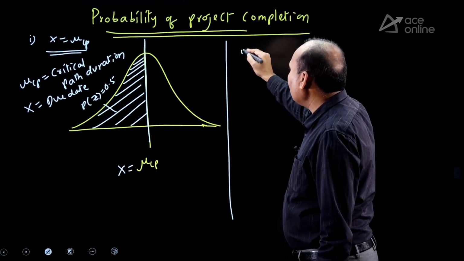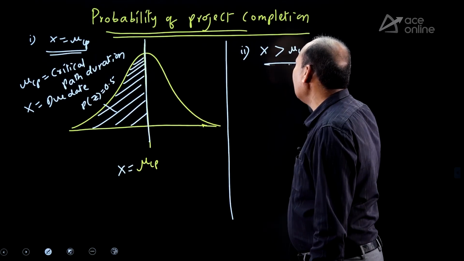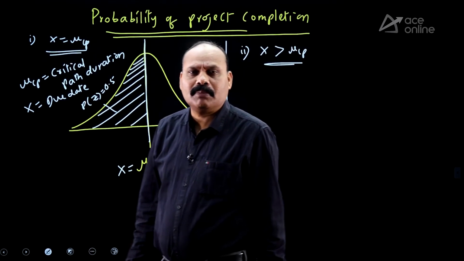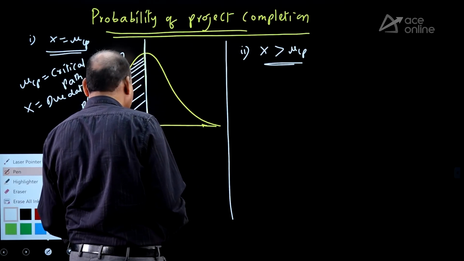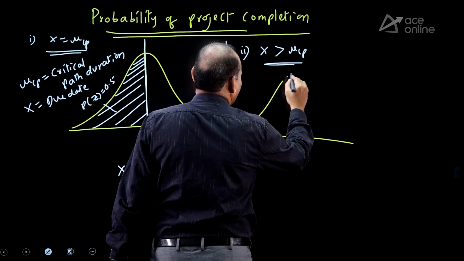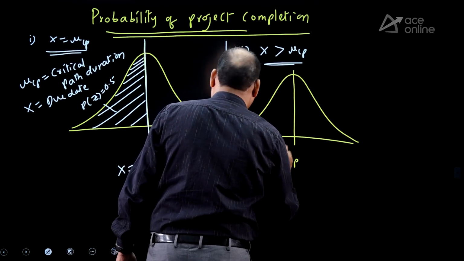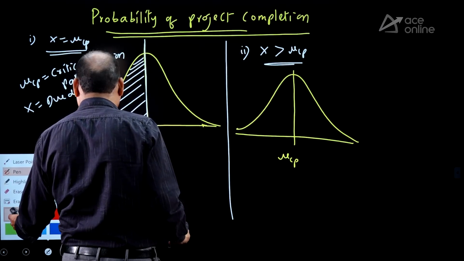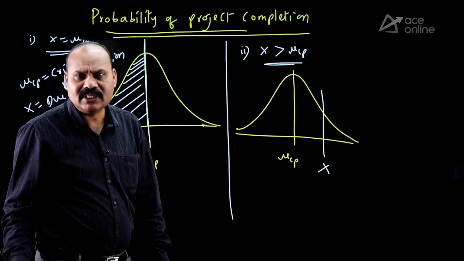Next, x greater than mu CP. What is the meaning of x greater than mu CP? It is more than the critical path duration. How does the diagram look? This is mu CP, and the x value is higher than mu CP. Can I say more than 50%?